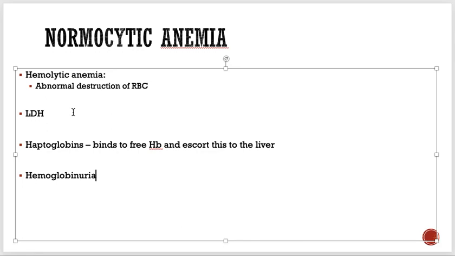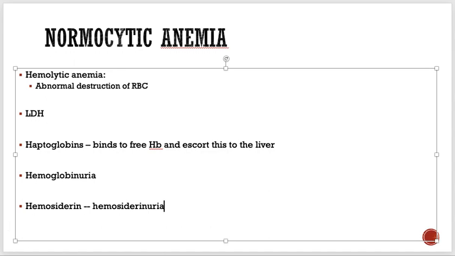So what is this? When hemoglobin is present in the urine, or it can be converted into hemosiderin, which can again pass into urine, it will lead to what? Again, hemosiderinuria. These things we can detect in the urine as well, right?